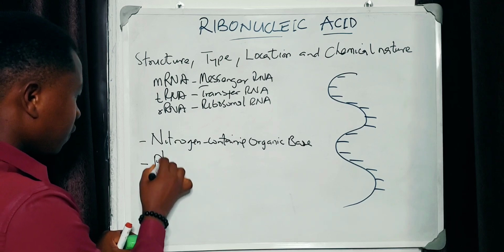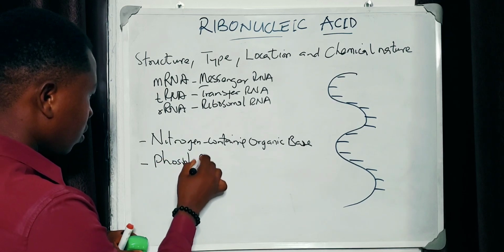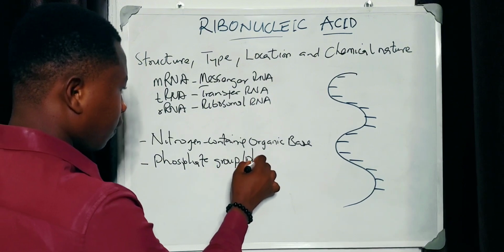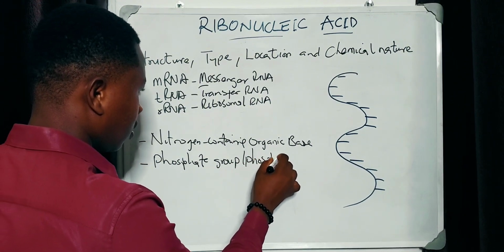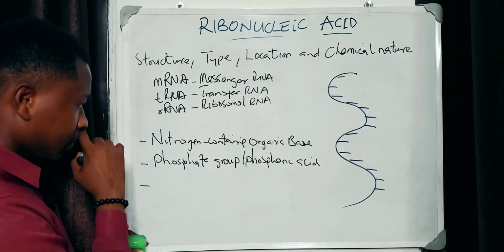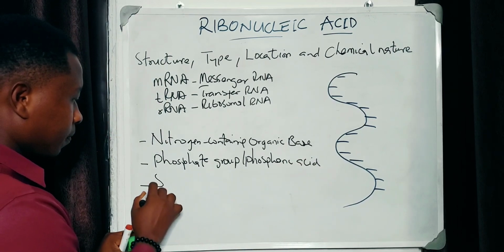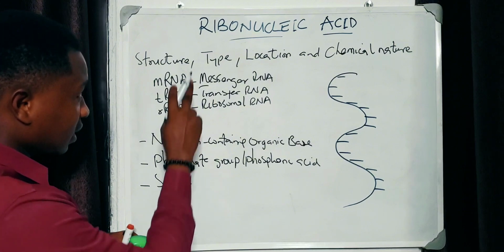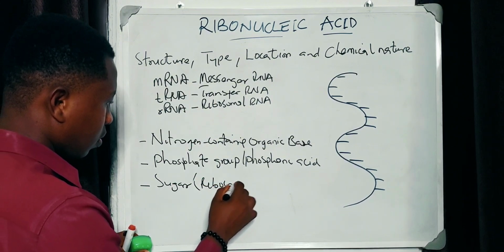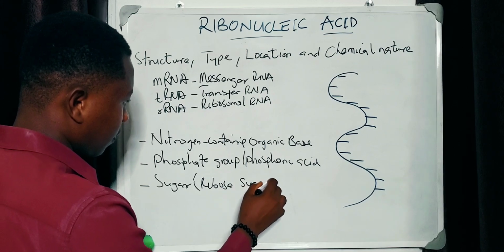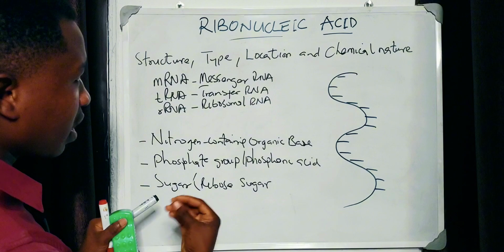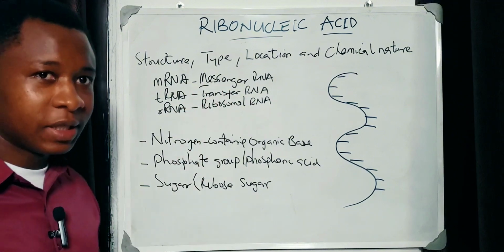We have the phosphate group, or you can say phosphoric acid. And we have the sugar. And in this case, it is the ribose sugar. The ribose sugar. So these are the main chemicals that make up the ribonucleic acid.